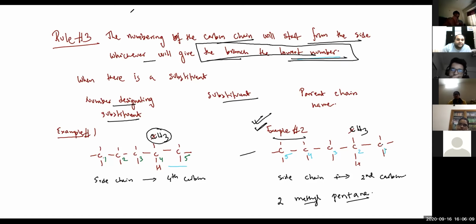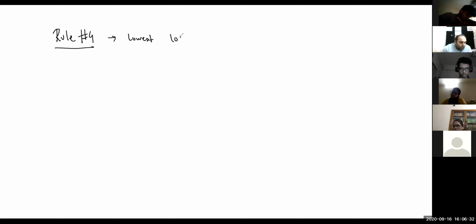Next, rule number 4. Lowest locant rule.